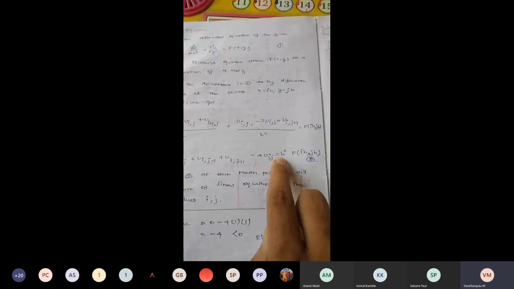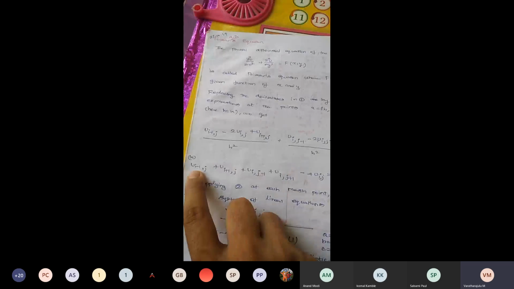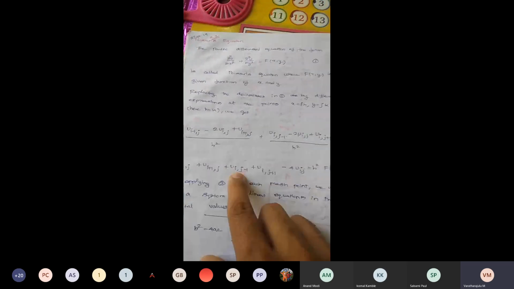By rearranging this equation and multiplying h square on the RHS, we get u(i-1,j) + u(i+1,j) + u(i,j-1) + u(i,j+1) minus 4 uij is equal to h square f(ih, jh).